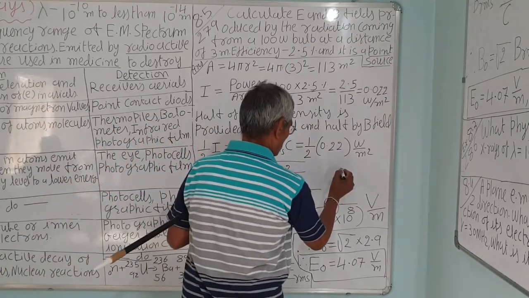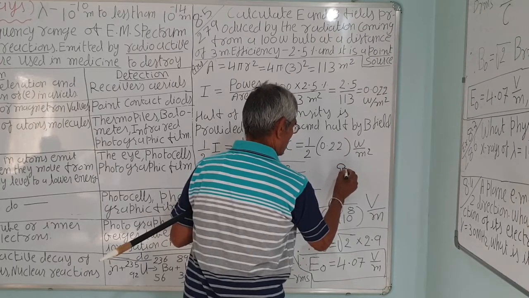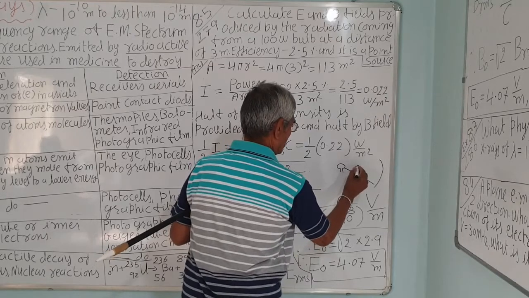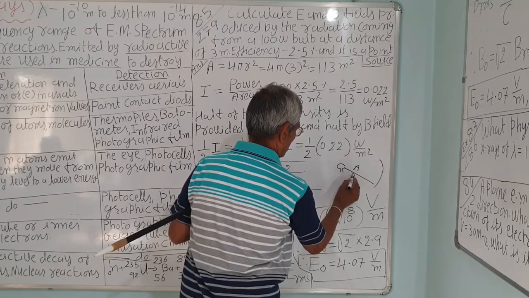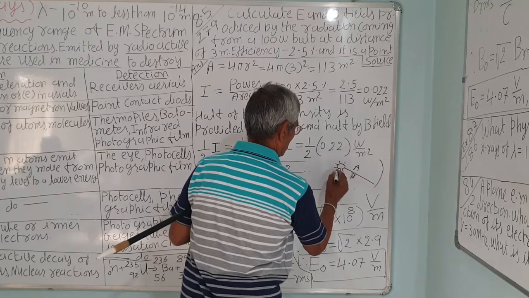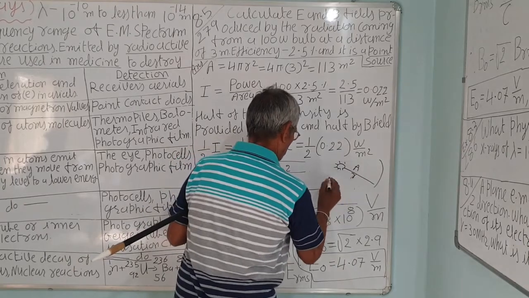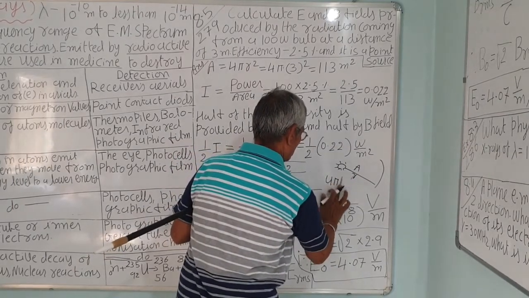Now what is the area? Suppose the bulb is here. You can draw a circle of radius R. Then 4 pi r square is the area.